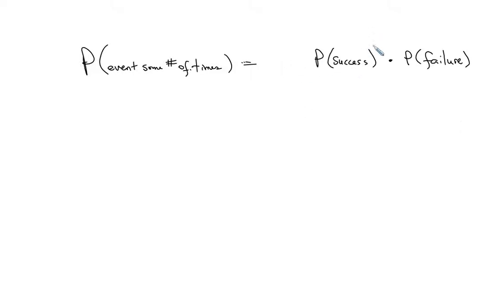We want the probability of success raised to the number of successes power times the probability of failure raised to the number of failures power. This will make sense when I put numbers in, guys. Just copy it down right now. And then you have to multiply it in the front by something that tells you the number of different orders.